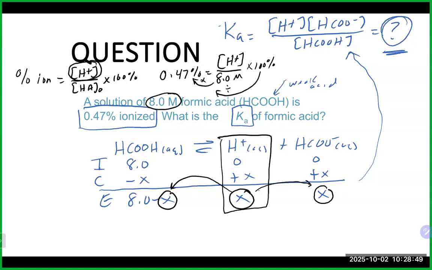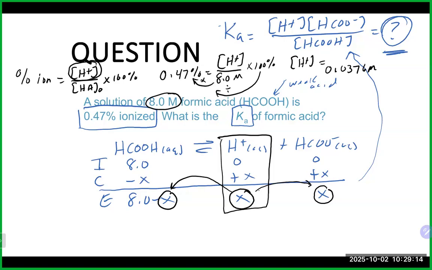That gets us 0.47 times 8 divided by 100. That is going to get us an H plus concentration of 0.0376 molar.